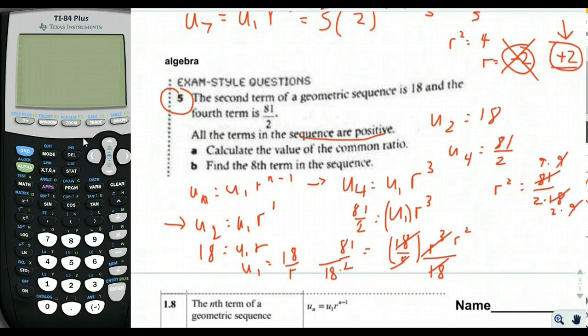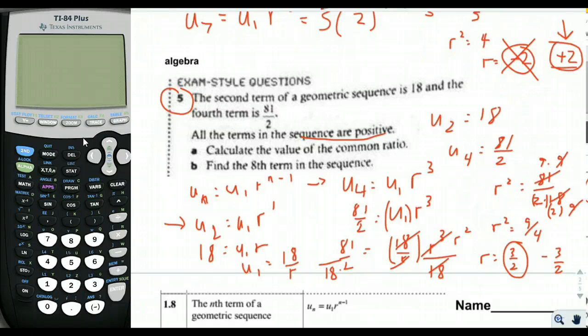The 9's cancel out. You're left with 9 divided by 2, so r squared equals 9 divided by 4. And now you take the square root of that. r could be positive 3/2 or negative 3/2. Both of those squared give you 9/4, but we know that this sequence is all positive, so it has to be r equals 3/2.